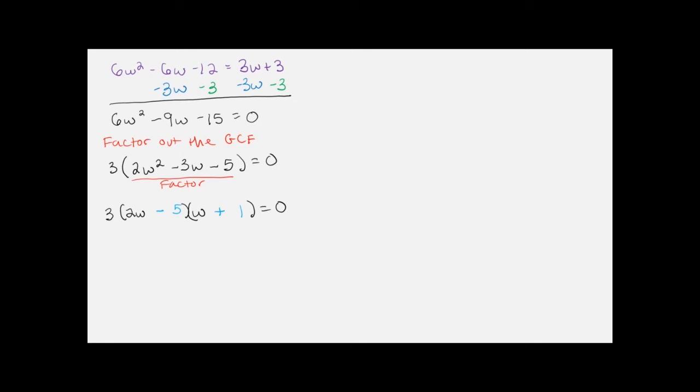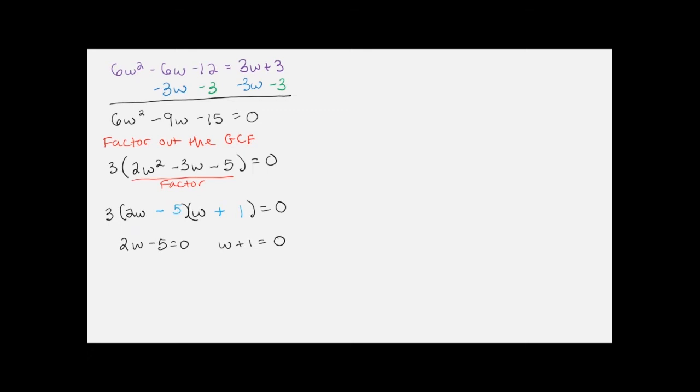So now that I factored, we're still solving a quadratic at this point. So I need to set each factor equal to 0. Anything that has a variable needs to be set equal to 0. So the 3 in front doesn't matter. So I have 2w minus 5 equal to 0 and w plus 1 equal to 0.